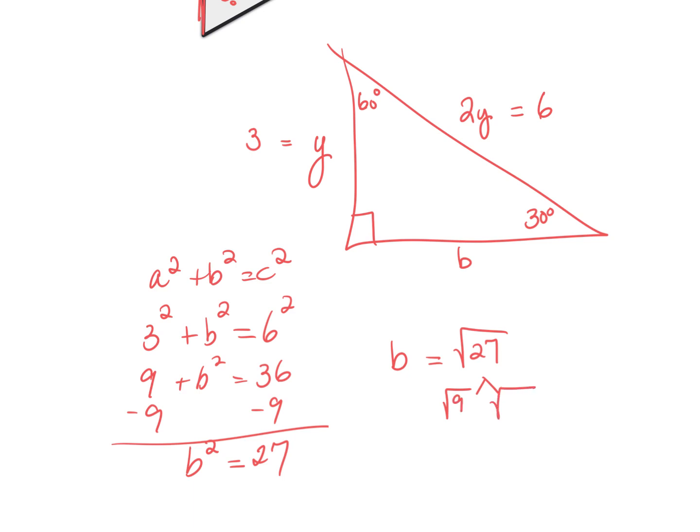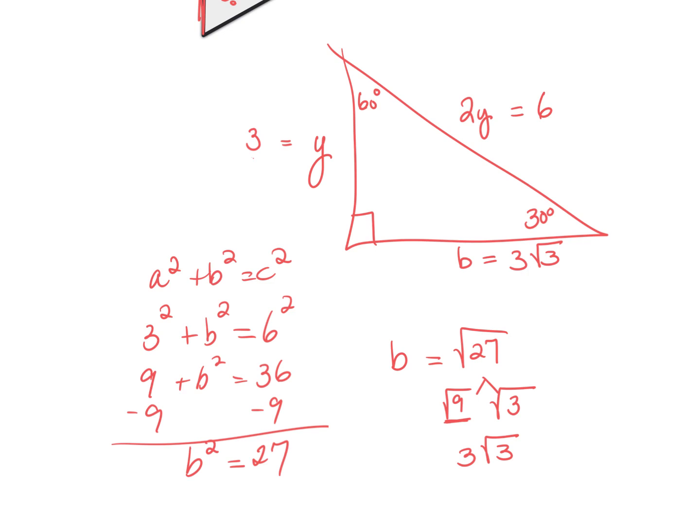And 27 can be factored into 9 times 3. And the square root of 9 is 3, leaving me with 3 square root of 3. So this side opposite the 60 degrees is going to be whatever the length of y is times the square root of 3.